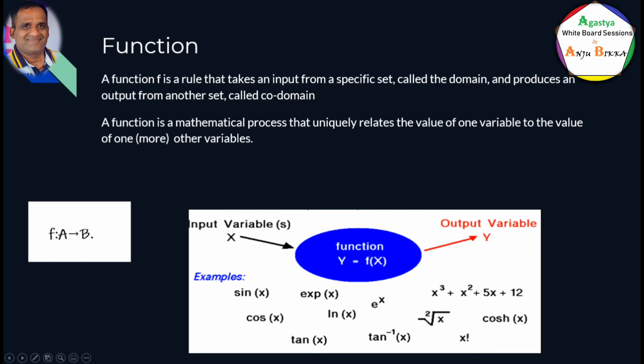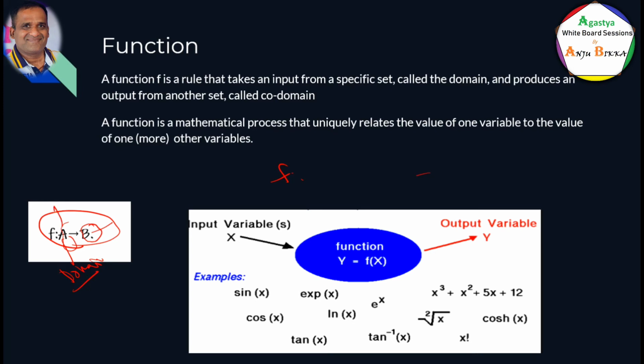Let's now elaborate more on functions. What is a function? A function f, written f: A to B, is a rule that takes input from a specific set, called the domain, and produces output from another set, called the codomain.